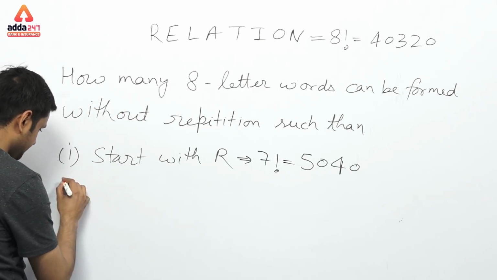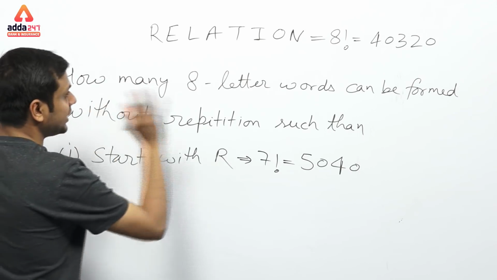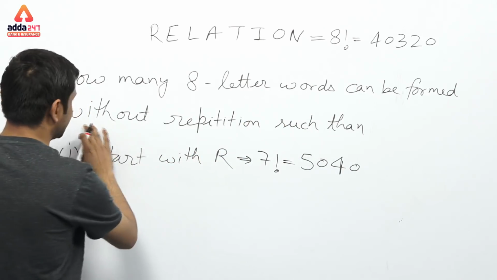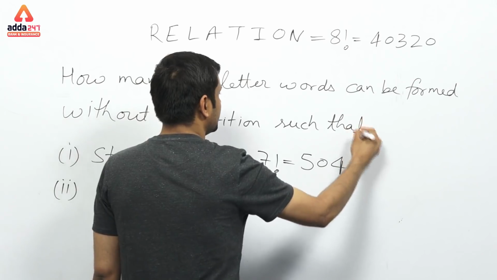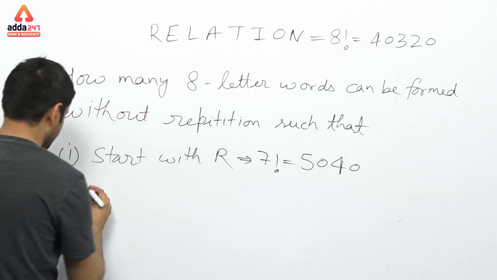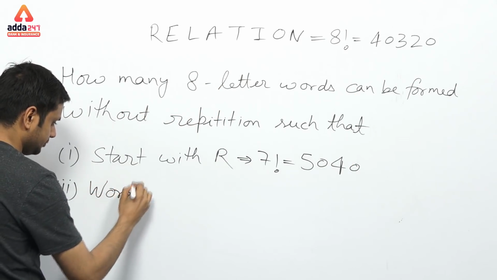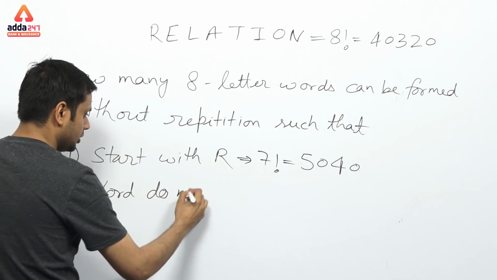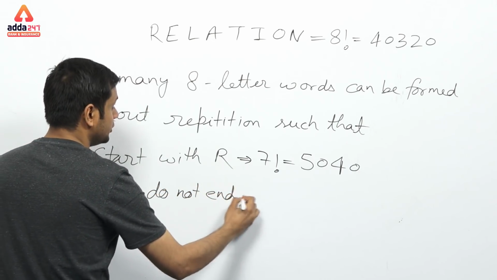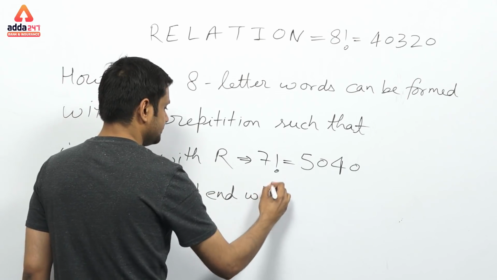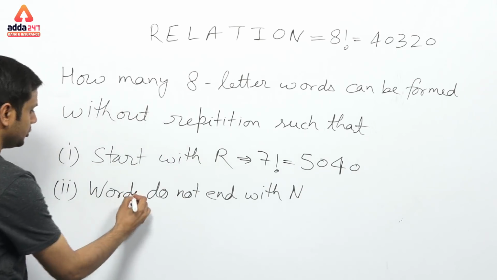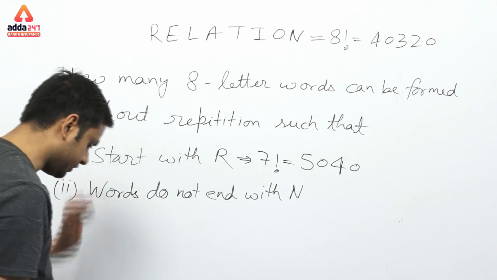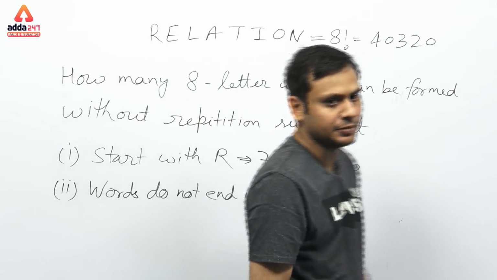Second part: how many 8-letter words can be formed without repetition such that the words do not end with N. Guys, this is the second part. Try to solve this, tell me the answer.